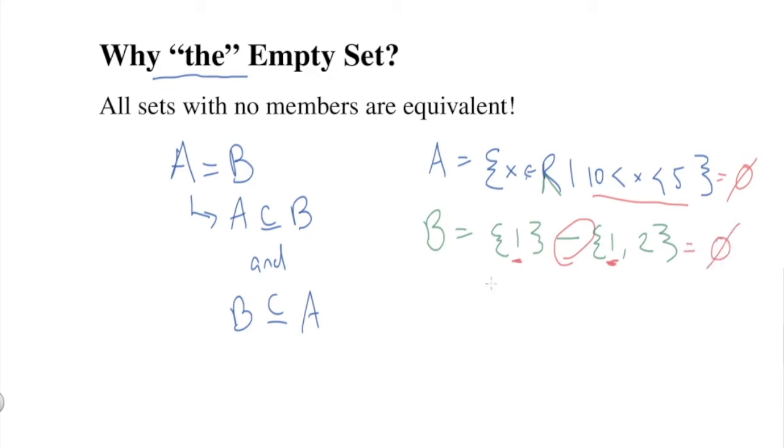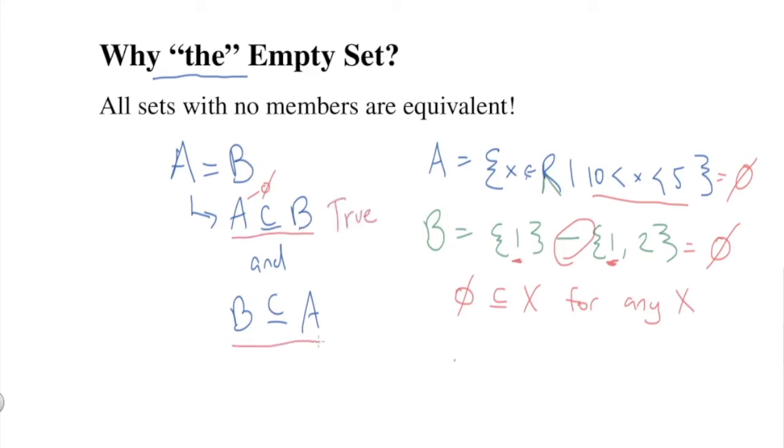So we know from the previous slide that the empty set is a subset of X for any X. It doesn't matter what X is, X could be any set, the empty set will be a subset of it. Okay, so given that A is empty, A is a subset of B. Because A is empty, and the empty set is a subset of every set, we know this is true.